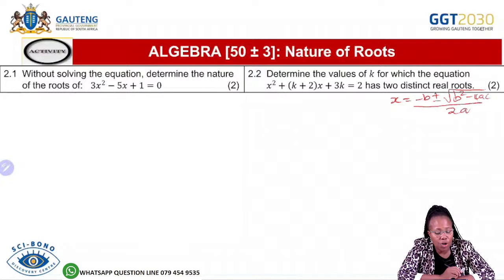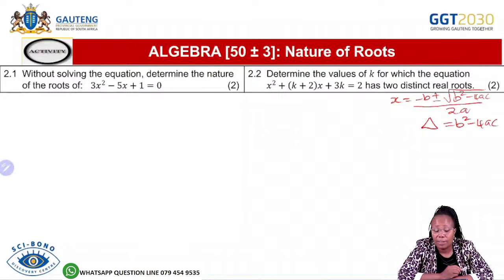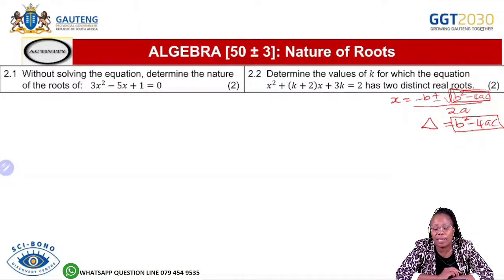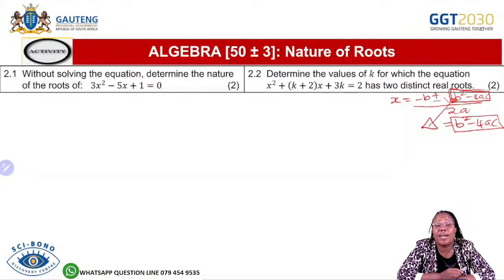And if we talk nature of roots, remember we are talking the discriminant is equal to b squared minus 4ac. That is the nature of root. We are using the discriminant. Can you see where that discriminant comes from? From your quadratic formula, just below your square root sign there. That means your discriminant in nature of roots has a relationship with your quadratic formula.